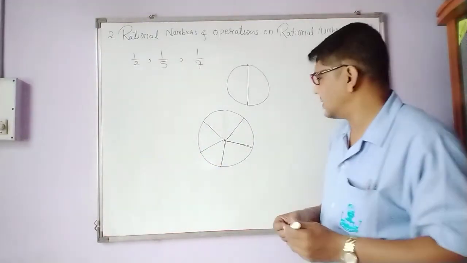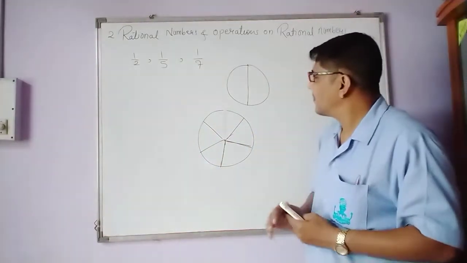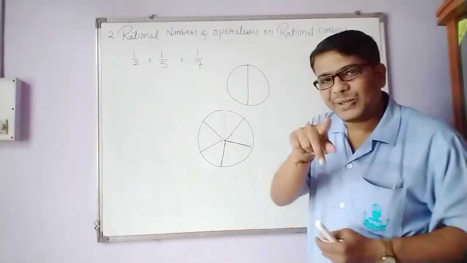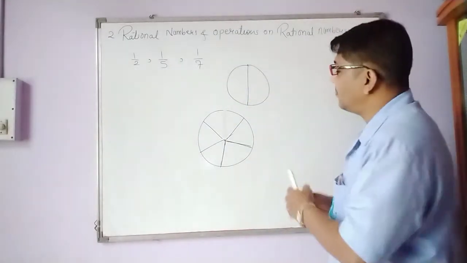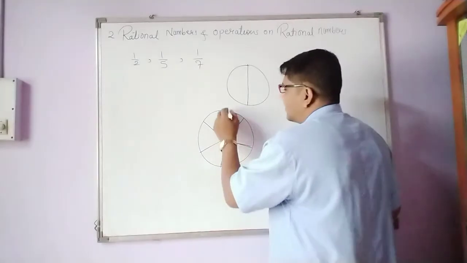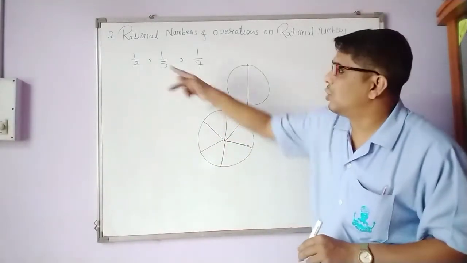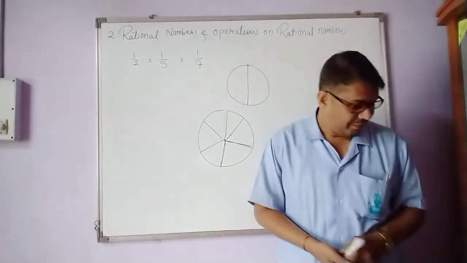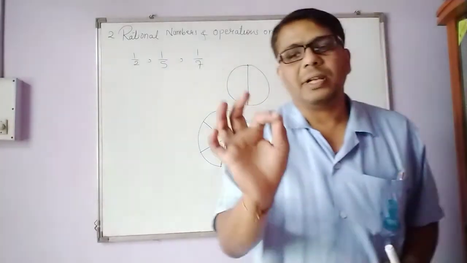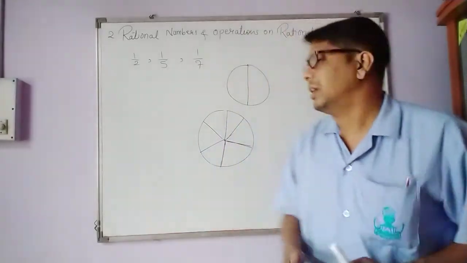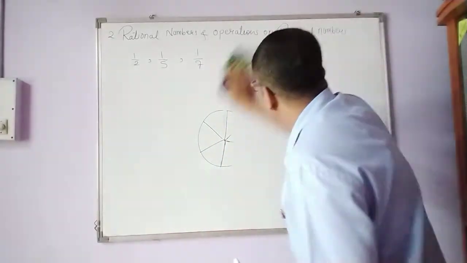Approximately, not exact. Now you can see, as compared to this, are they smaller? Yes, they are. Now suppose I divide it into 7 equal parts, then what happens? You can see. And so when the numerators are same, the rational number with the smallest denominator is the greatest.